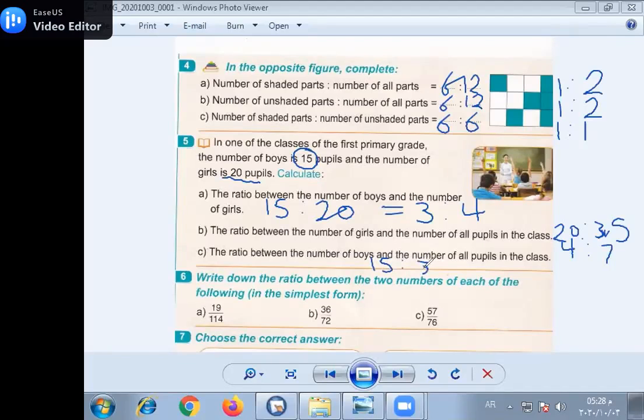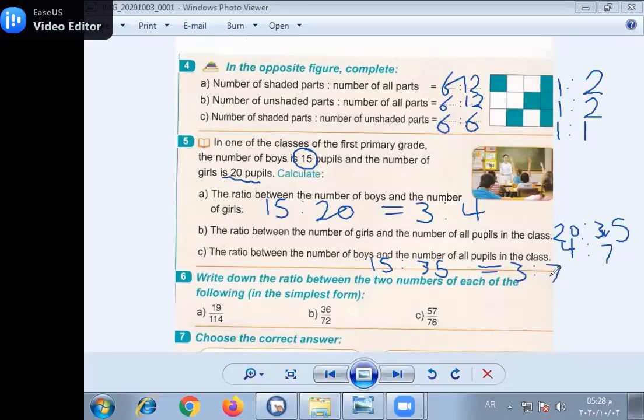Again, this ratio is not in the simplest form, so we want to put it in the simplest form. Divided by 5, equals 3 to what? 7. Excellent. In the simplest form, it will be 3 to 7.